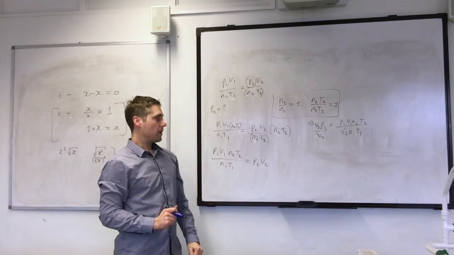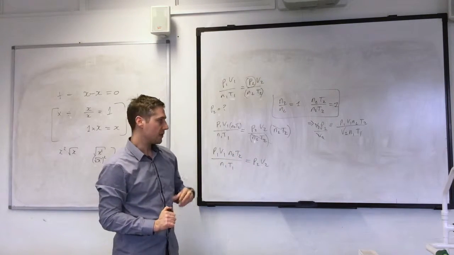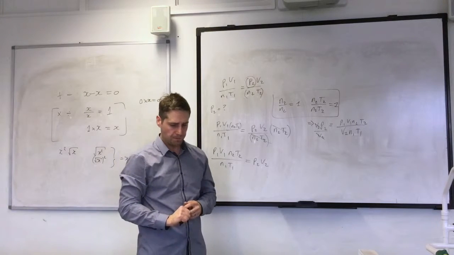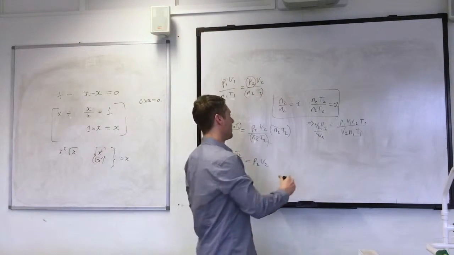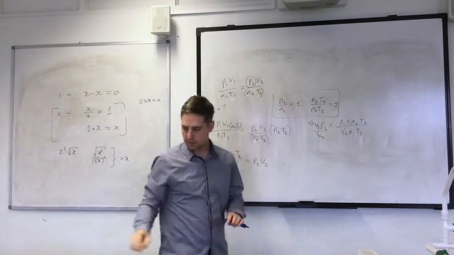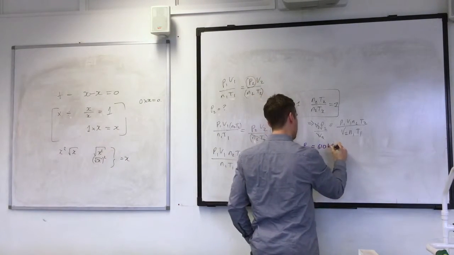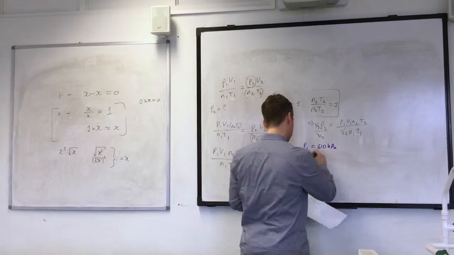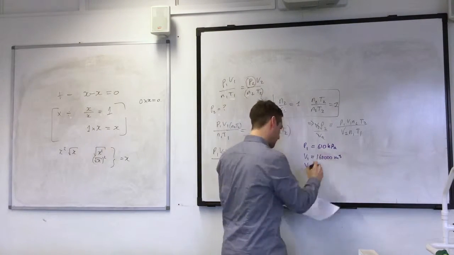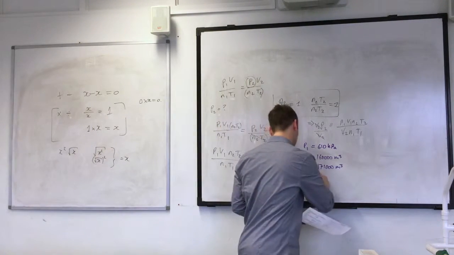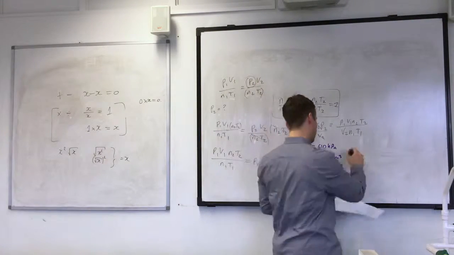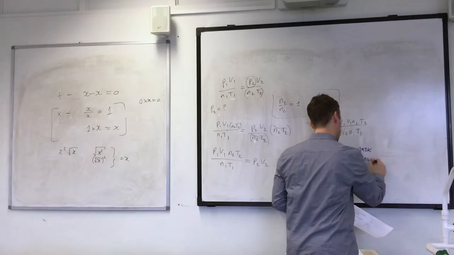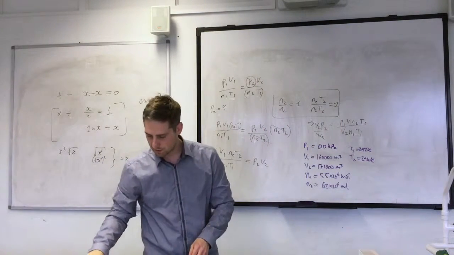That's the rearranged equation. Now it comes to the stage where you need to put some values into the equation. The values in this question were given to us as... if you're not familiar with Kelvins, that doesn't really matter.